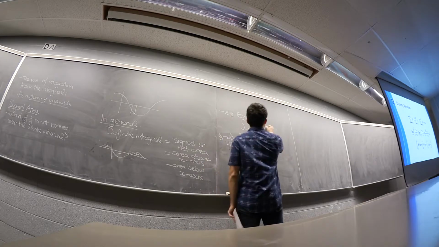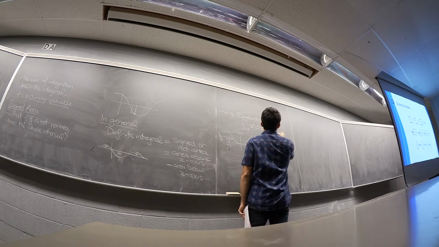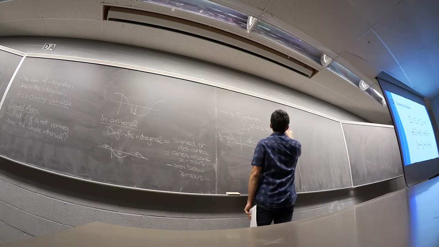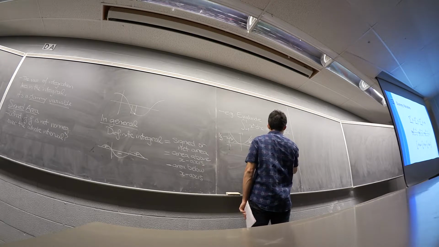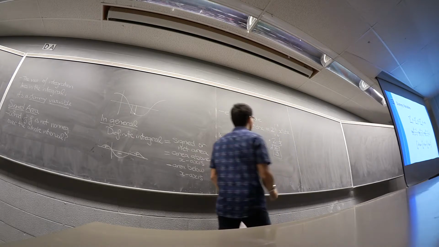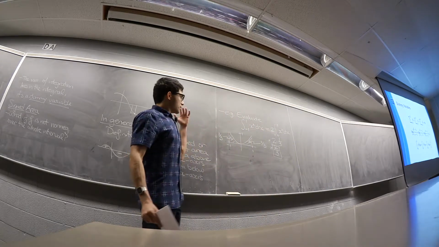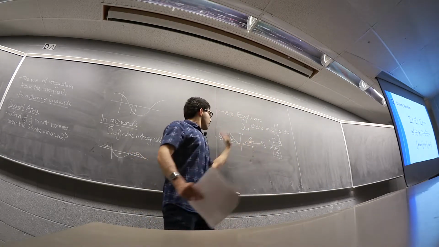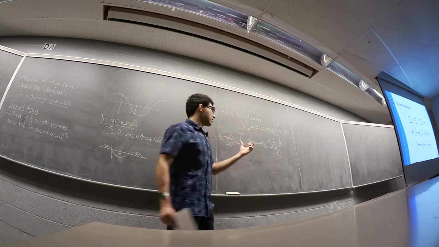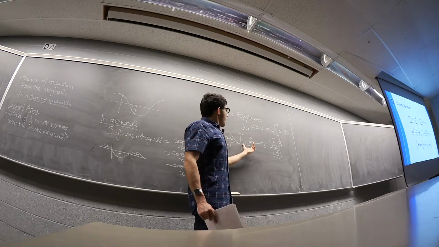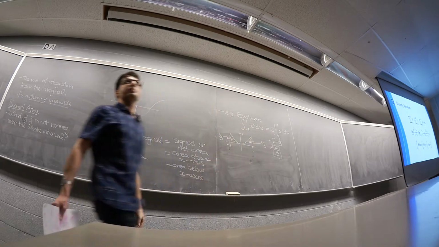Okay, so you could write it like this if you wanted. Okay, so the area from here to here is the same as twice this area because x squared is even. And there you go, you get your answer that way.